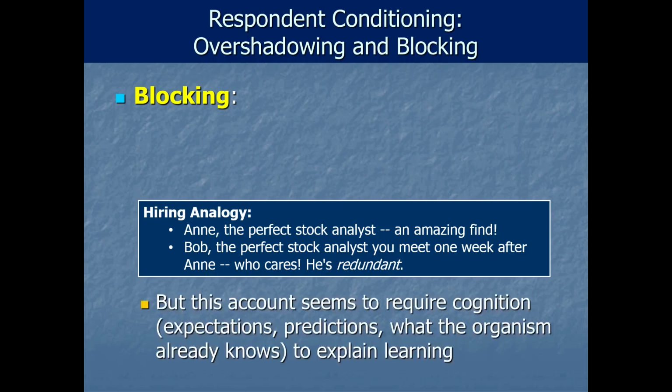But one downside of this way of explaining overshadowing and blocking and why they occur is that the way I've explained it here seems to require some hypothetical cognitive variables, some sort of mental constructs, things like expectations and predictions and what the organism already knows, so knowledge.